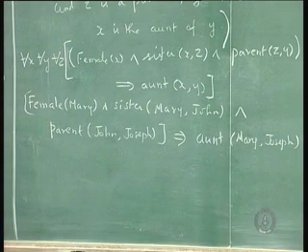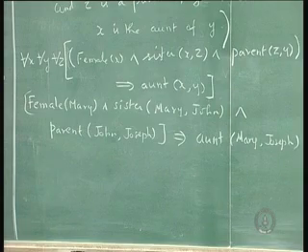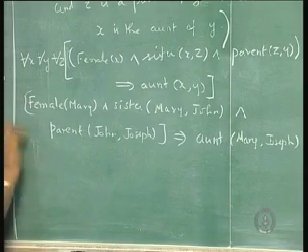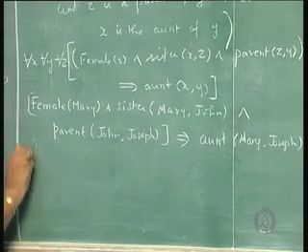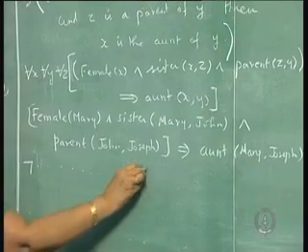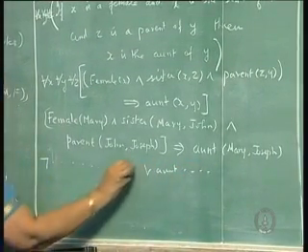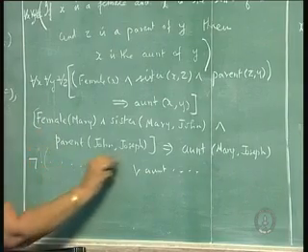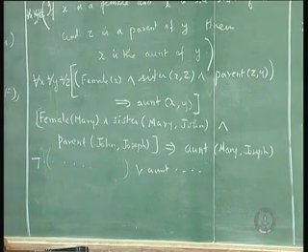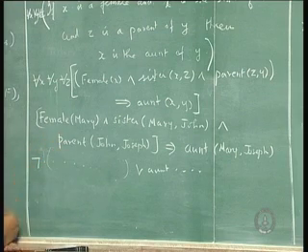Now, write it in clause form. When you write it in clause form, you will have not of the whole thing, or aunt. Not of this whole thing, and you have two ands here.